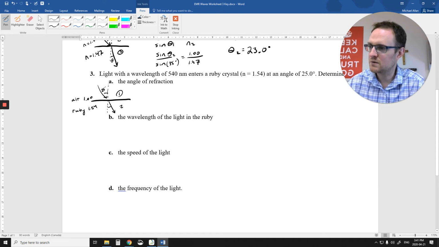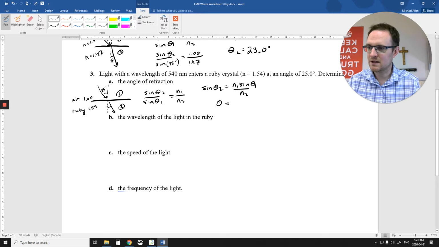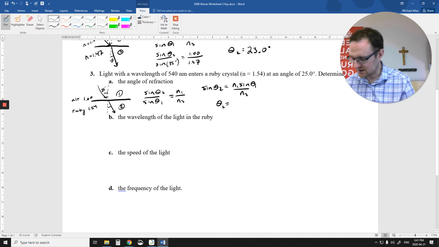So I'm going to set up the same equation. Call this 2, this 1. So sine 2 over sine 1 is equal to n1 over n2. I'm going to solve for sine 2. I can put the numbers in now, and I could just skip the sine inverse step here.